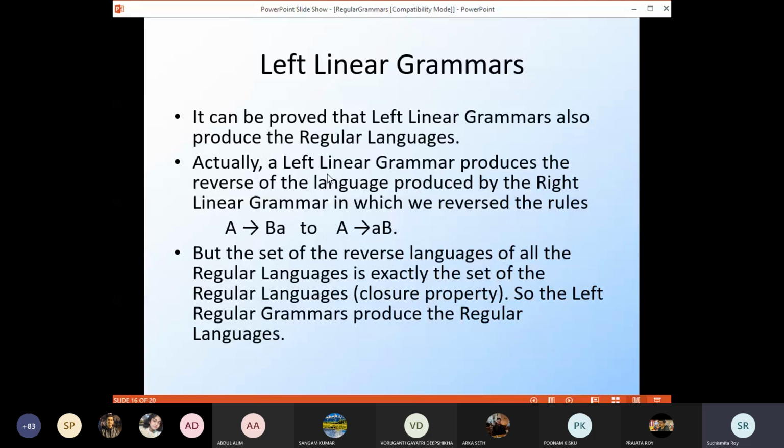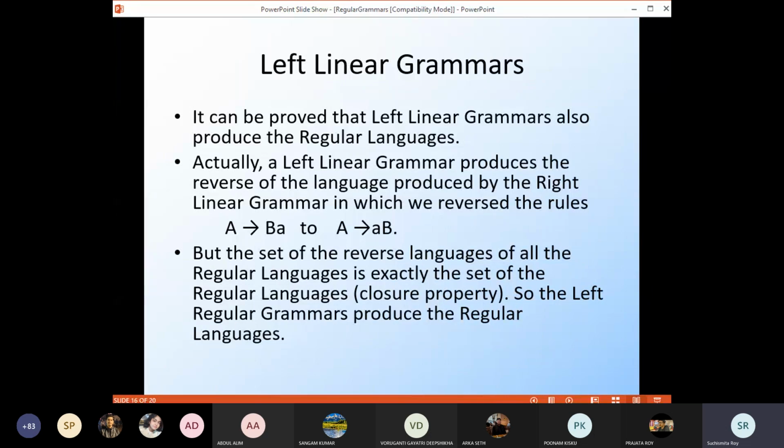Now here actually I'm using a closure property which we have not discussed, which I'll be discussing after you have finished with your normal forms, which is the closure property on reversal for context-free languages. What this says is that if you reverse the right-hand side of the productions in a context-free language, if you reverse all the right-hand sides, then you produce the reversed strings.